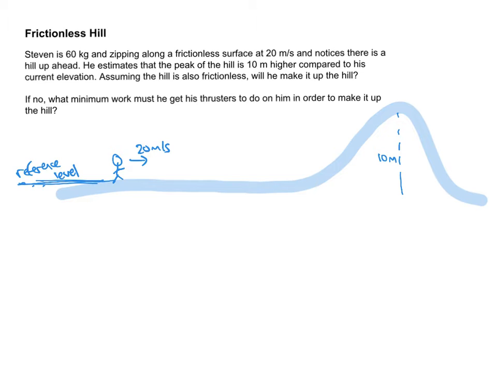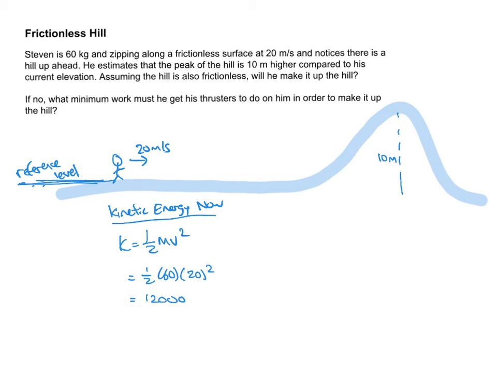And what I'll do is calculate how much kinetic energy he has now, which would be K equals half mv squared. I believe this works out to be 12,000 joules, or 12 kilojoules.